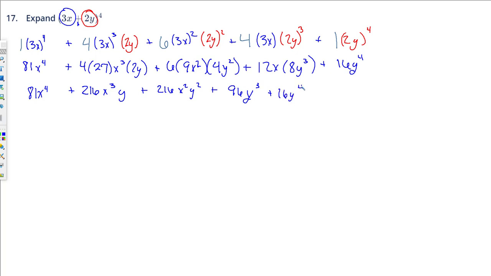And then we have 16y to the fourth. Any questions there?